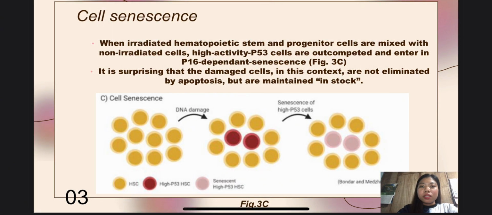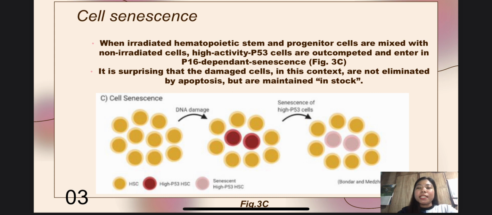Lastly, the results in cell senescence. One gene involved in cellular senescence is p53. When irradiated hematopoietic stem and progenitor cells are mixed with non-irradiated cells, high-activity p53 cells are outcompeted and enter p16-dependent senescence, as shown in figure 3c.